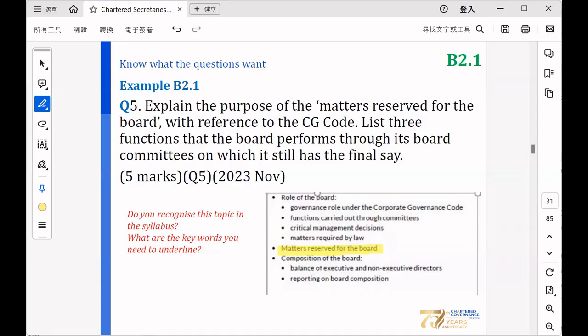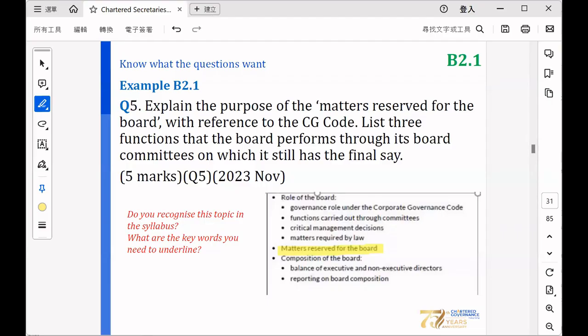The next area in section B is about the role of the board. One of the commonly asked questions will be things like matters reserved for the board of directors. Here, you are asked about the matters that are reserved for the board with reference to the CG Code.